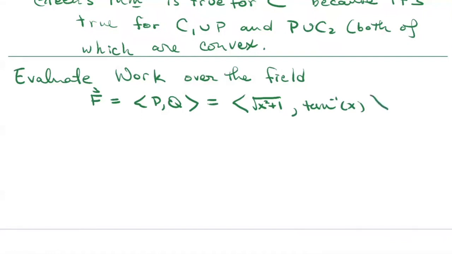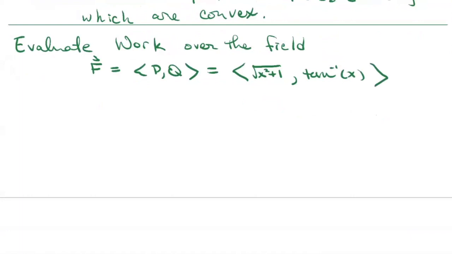So that's almost too easy because there's no function of y. I feel like I'm cheating. Okay, so we're going to compute the work, and we want to do this using Green's theorem to convert to a double integral.